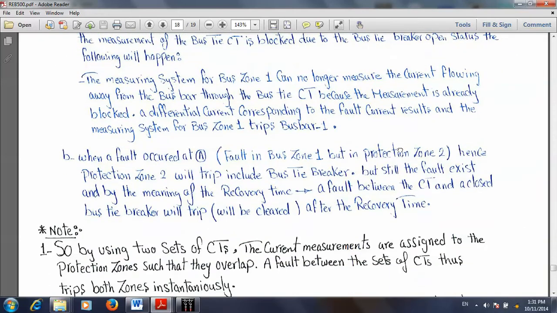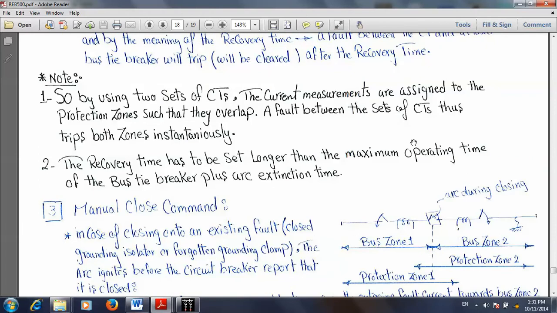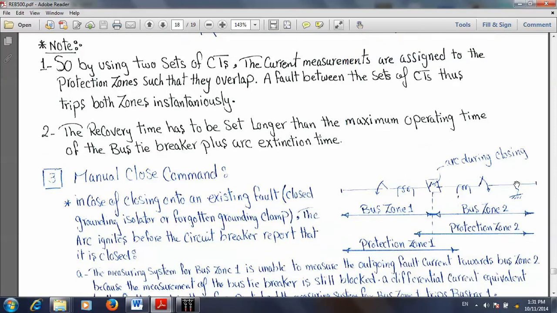So here he goes and uses two CTs. What's the benefit now of using two CTs? First, if we have a fault here, actually bus zone 2 will trip and also the bus tie, and the reclaim time will inhibit bus zone 1 from tripping by mistake. But if there is a problem here between the CT and circuit breaker, or between the other CT and circuit breaker, as you can see from the figure here, this one is bus zone 1 and this one is bus zone 2.